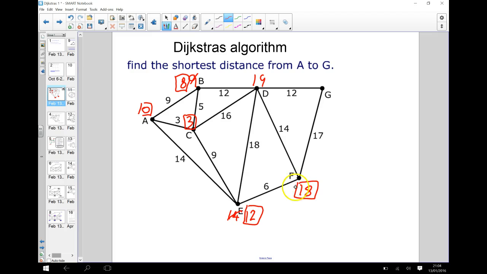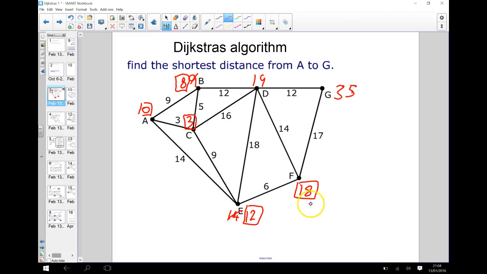Following the algorithm again, F to D, well that's 14, 18 and 14 is going to be 32, that's not going to be less. 18 and 17 is going to be 35, so I'll label that there, 35.